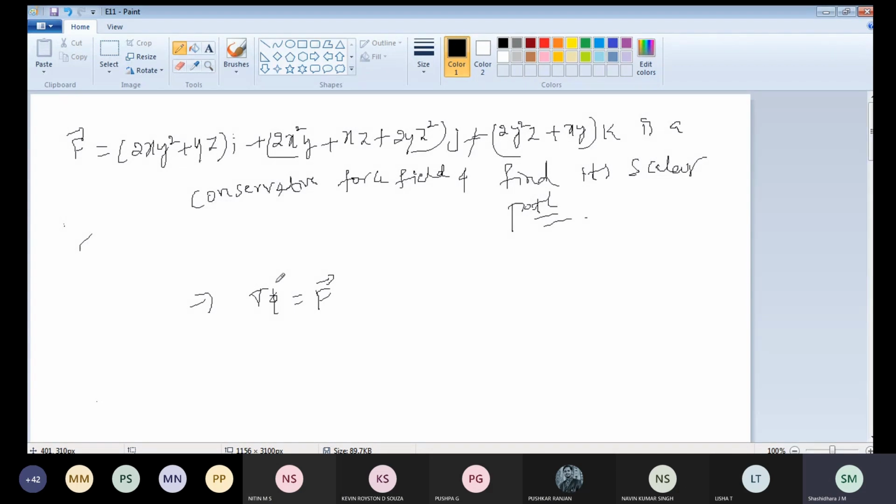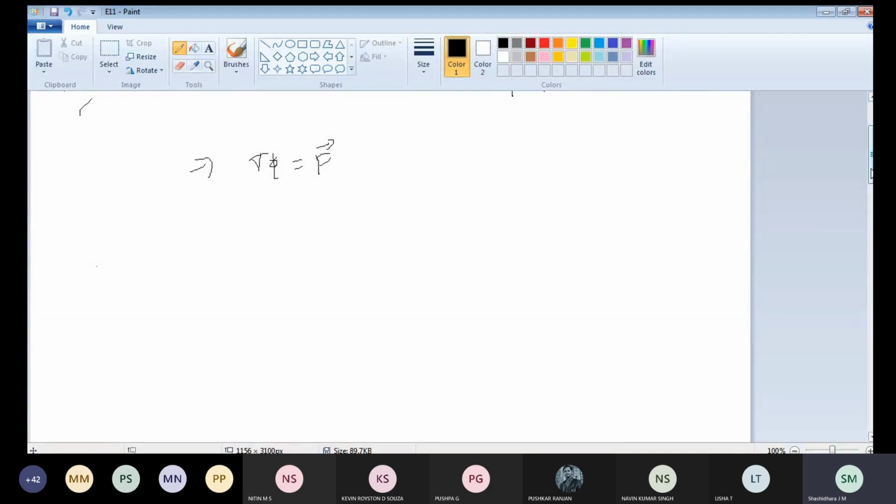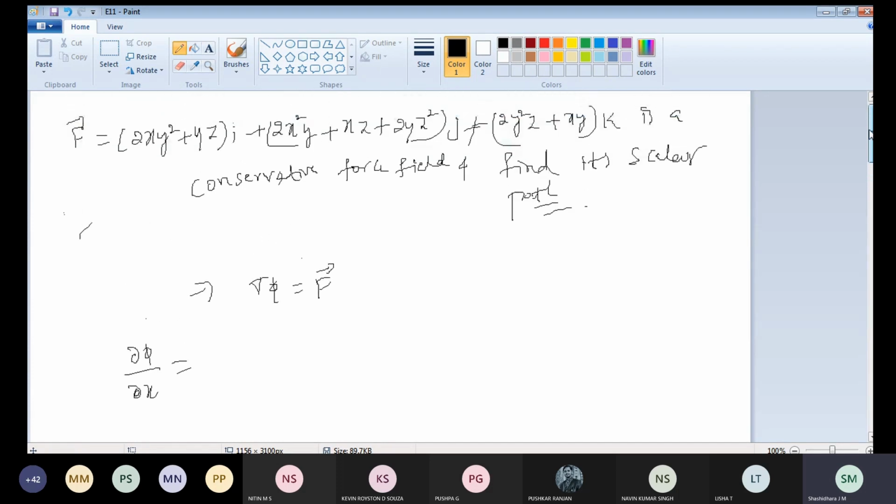Is it visible now? Okay, so what will you get by equating? Del phi by del x equal to the coefficient of i, 2xy square plus yz.